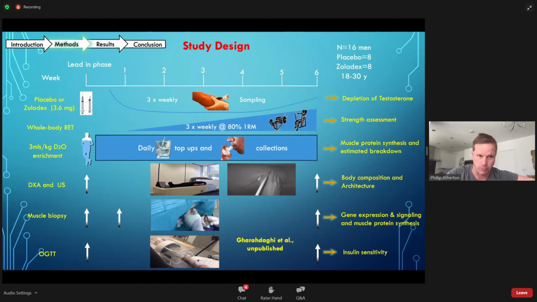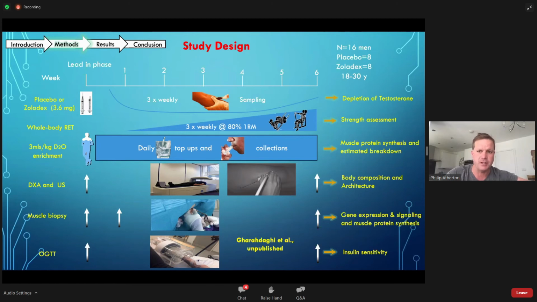We provided a drug called Zoladex, which is a gonadotropin-releasing hormone agonist. What this drug does, I'll show you in the next slide, is it creates asynchrony between the Leydig cells and the hypothalamus and pituitary systems. Therefore, eventually you get a marked suppression in testosterone.